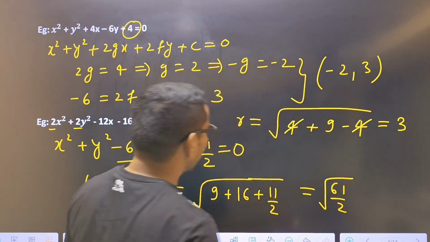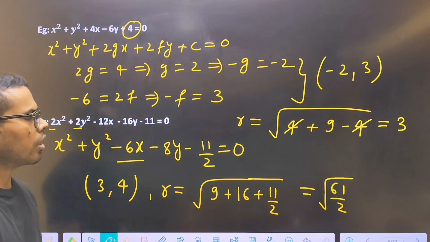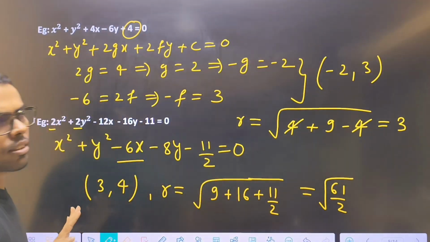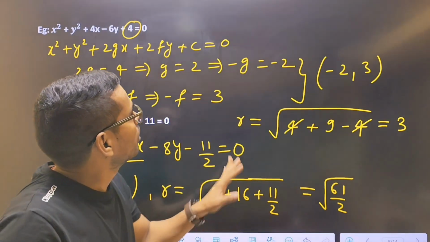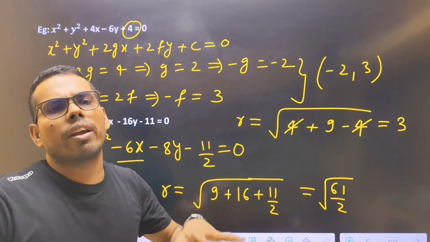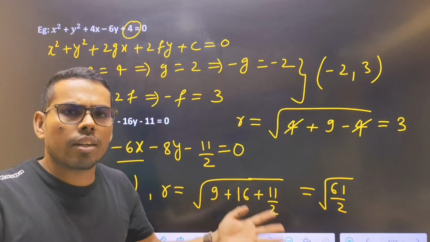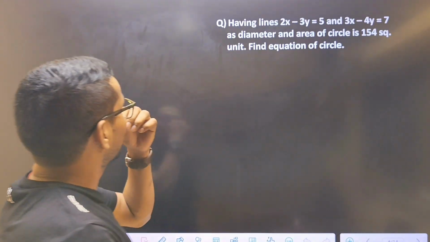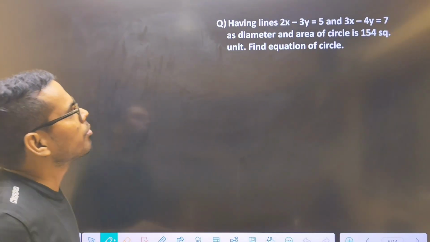That is under root 61 upon 2. So this is radius and this is center. I think now you can easily find center and radius of any circle if it is written in general equation form. Okay. Now solve some questions.